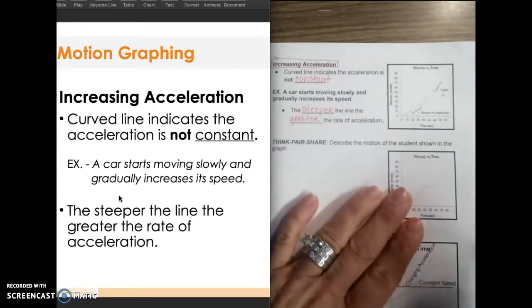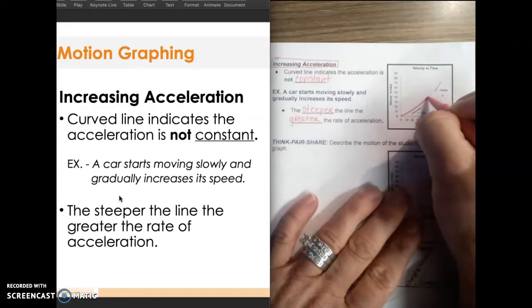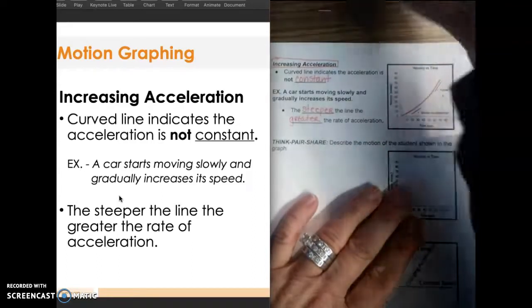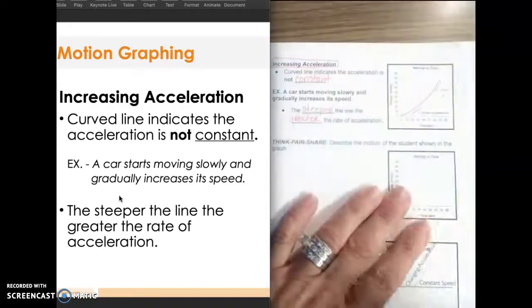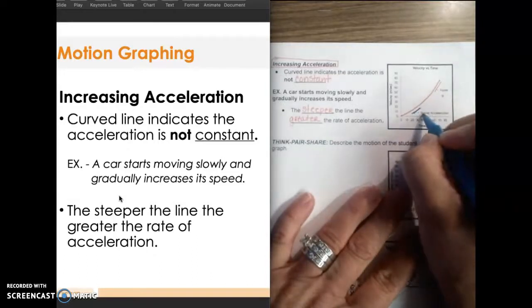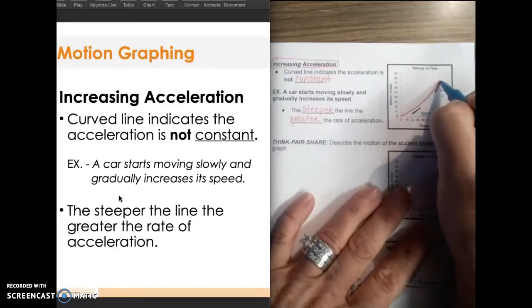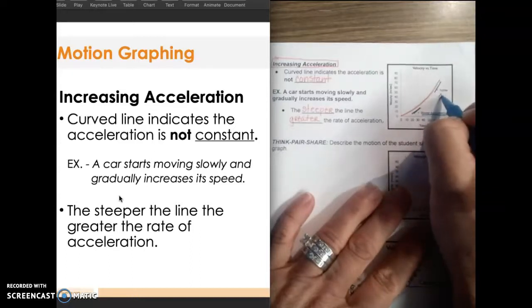Okay, and we can see that right here where we have this gradual line going up, and then this little line right here shows a slower acceleration, and then right here we have faster acceleration.